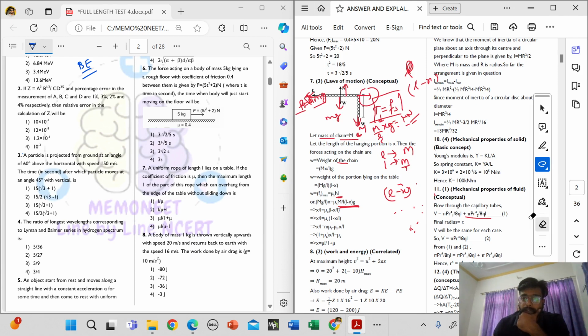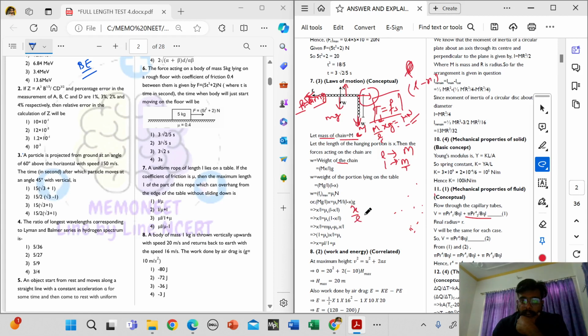So we have mg upon L into X is equal to mg upon L into L minus X.